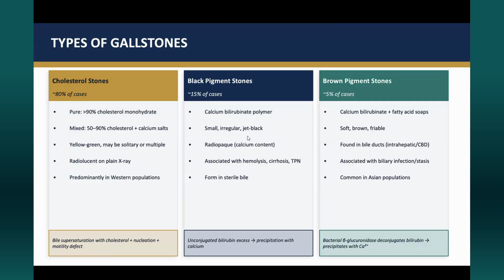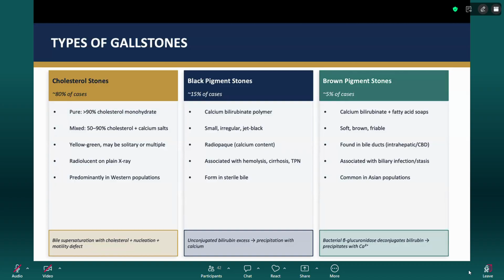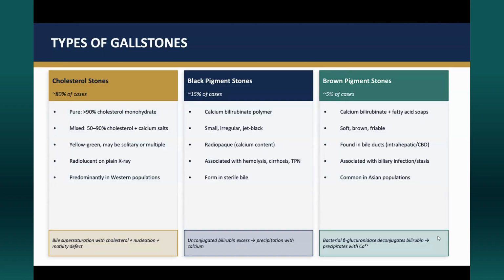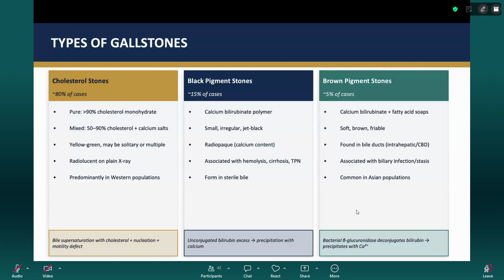It may be solitary or multiple, radiolucent on X-ray, and predominantly in the West, but not anymore because it's commonly found in the Asia Pacific region also because we have a lot of fast food chains. So you can also see cholesterol stones predominantly in Asian countries.